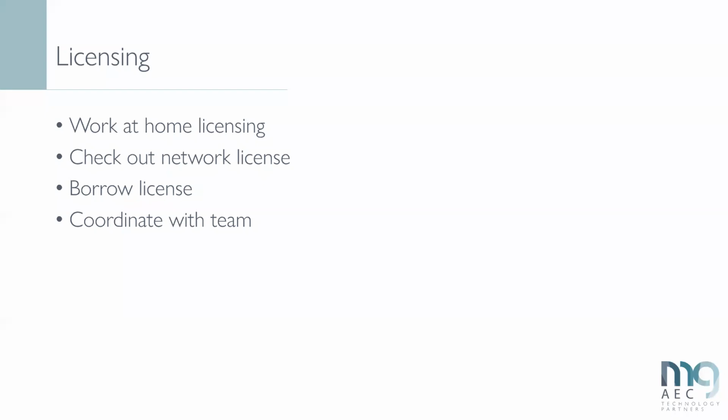Now your work at home license is a duplicate license, and I believe it lasts for 13 months before you need to reestablish it. Essentially, you can get 2 licenses for one if you are utilizing that work at home license.